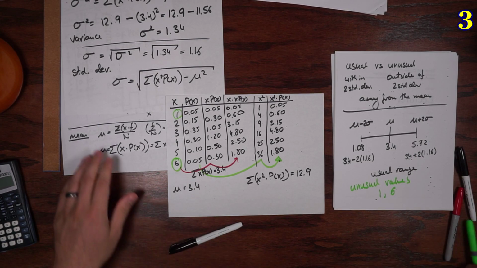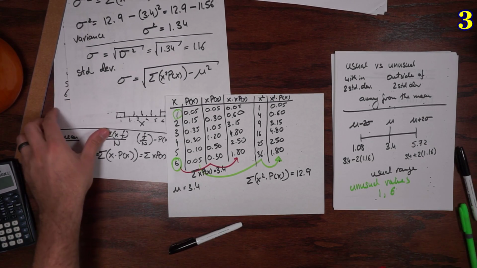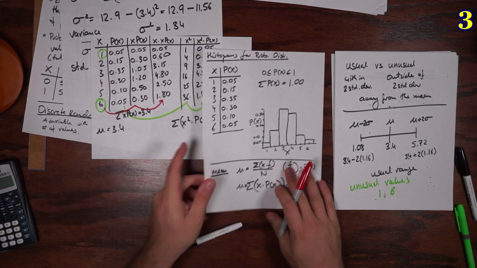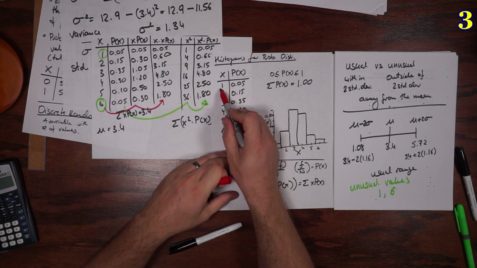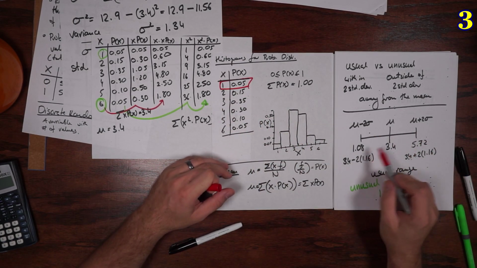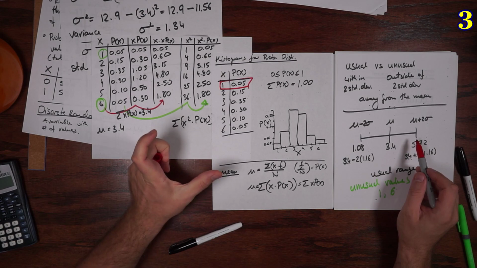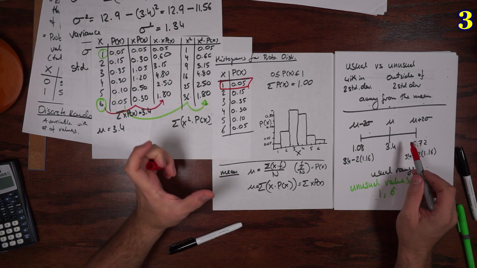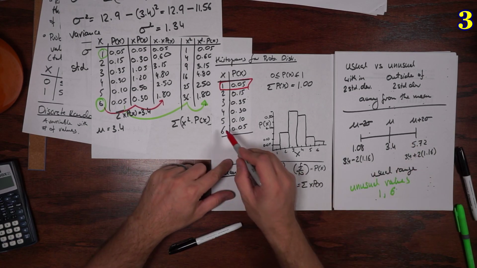And here's the trick to it. If I asked you what's unusual, you could do this, or you could take a look at this. 5%, right? 2 standard deviations away means 95% of the data. So anything that is smaller or equal to 5% is unusual.